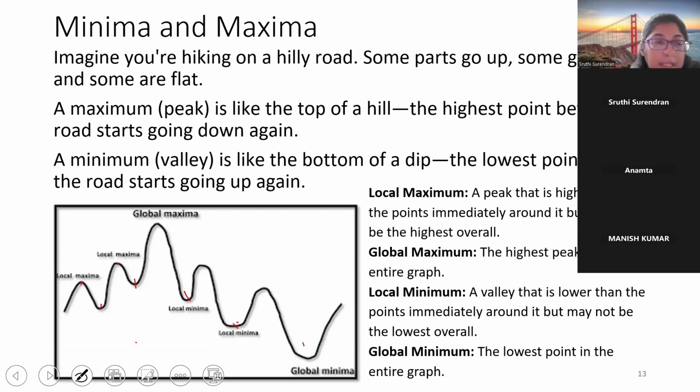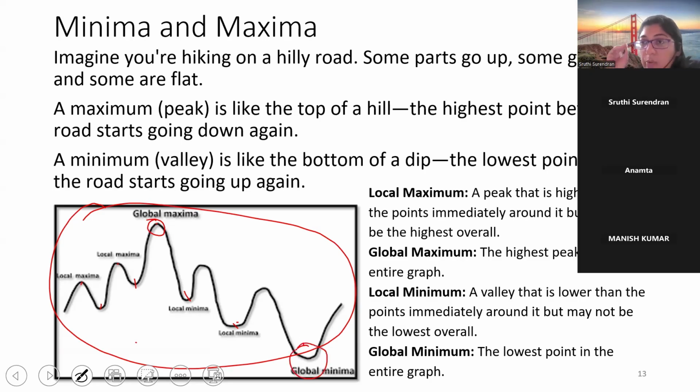Now, if you see in this whole region, one maxima is the highest of all. That is the highest peak in this entire graph. And one minima here is the lowest dip or lowest valley in the entire region. This highest value is called the global maxima and this lowest value is called the global minima. The remaining maximas are called the local maximas and the remaining minimas are called the local minima.